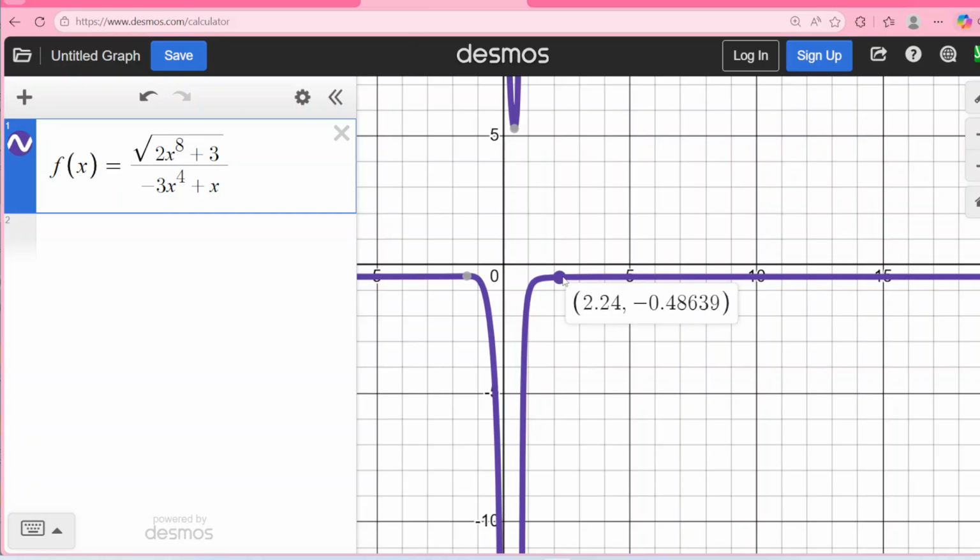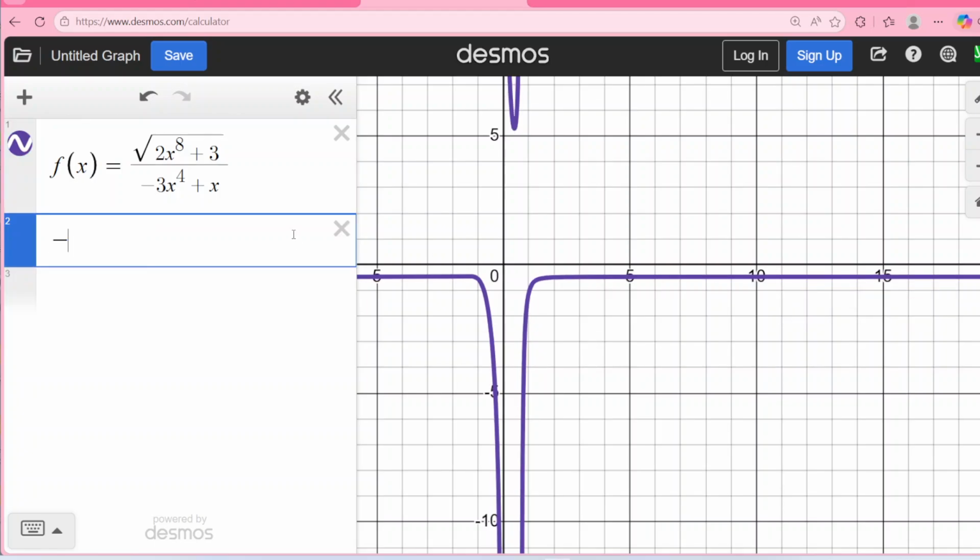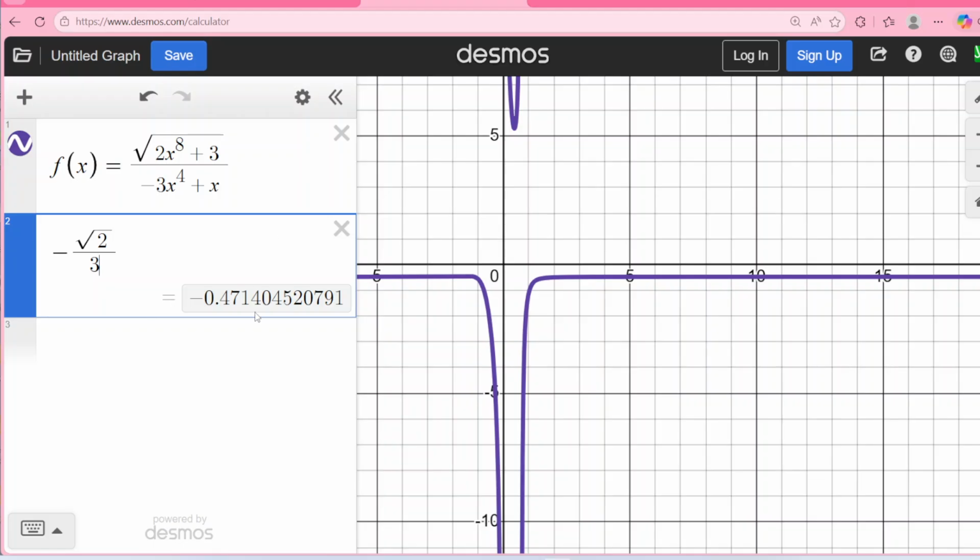Now, you see how it definitely has a horizontal asymptote, and this looks like it's approaching this same negative 0.47 value on both ends. See how it's going to negative 0.47 something over here, going to negative 0.47 something over here. So again, negative square root of 2 divided by 3 is that negative 0.47 something that I said you'd be approaching.